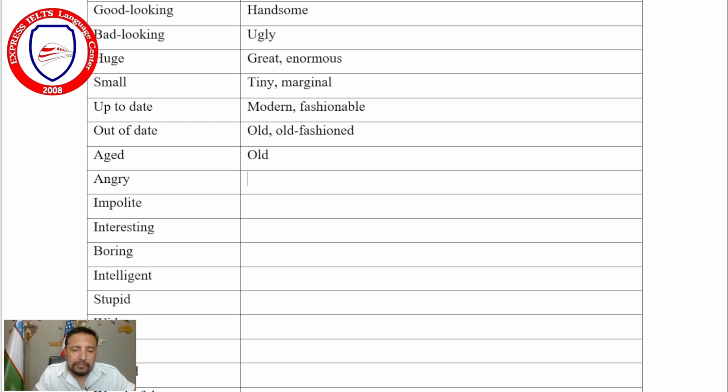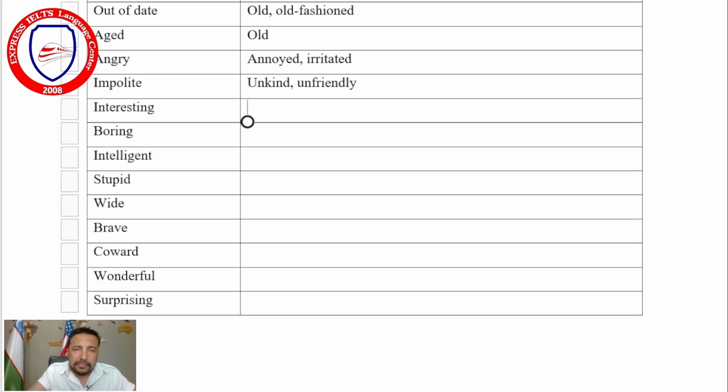For angry, it can be synonym annoyed and irritated. Impolite, it can be synonym unkind and unfriendly. Okay, interesting synonym can be amazing, and boring, it means uninteresting.